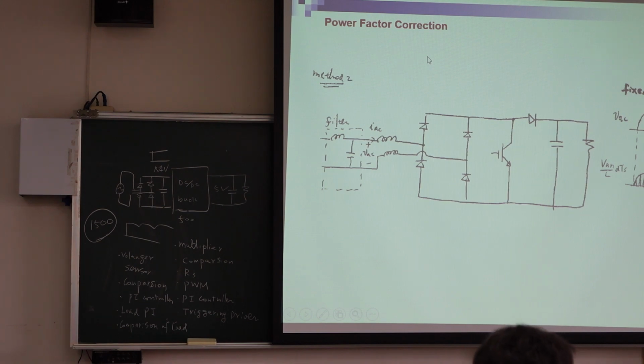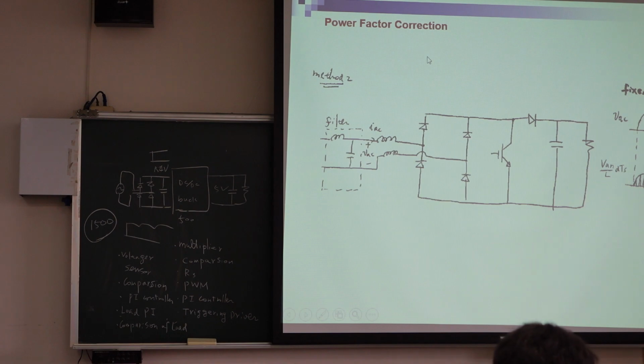So every time I have to make sure the current reaches 0, then I can turn on again. So my current becomes this: on, off, on, off, on, off. So I wait a small time, then I can get this current. If I can get this current, the average is like this.